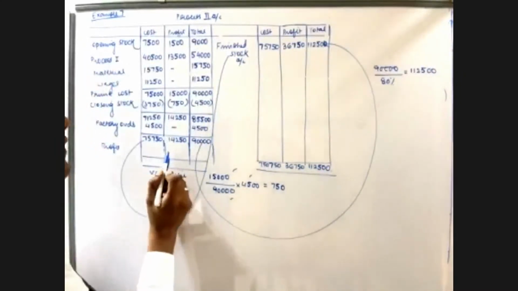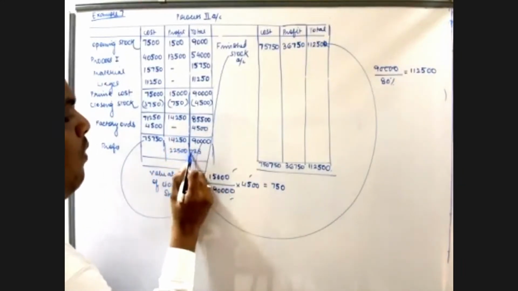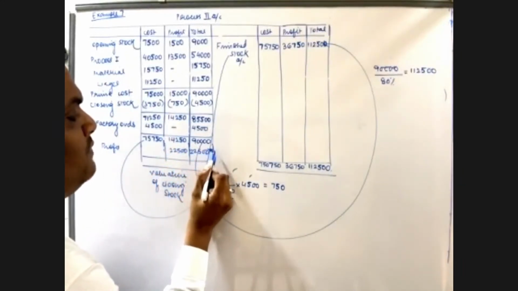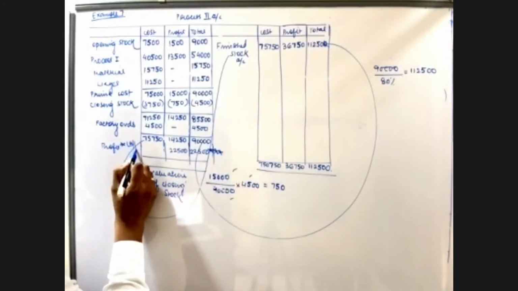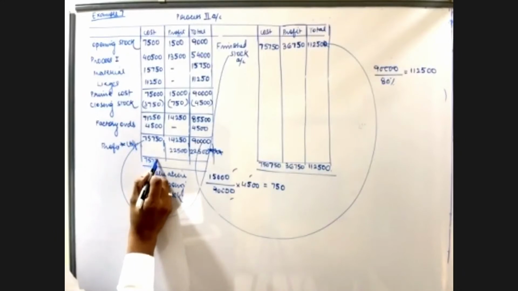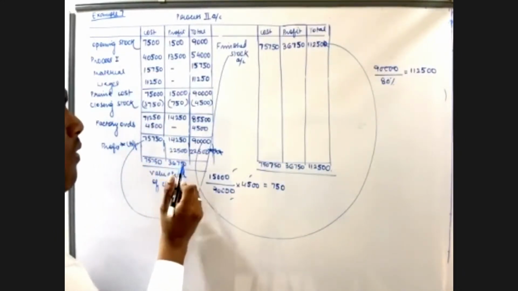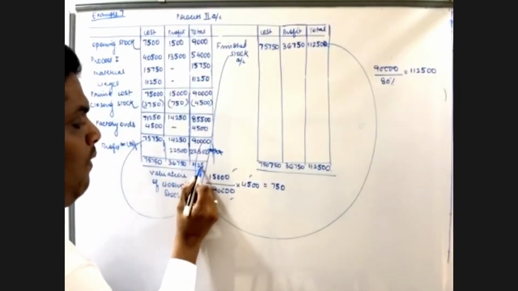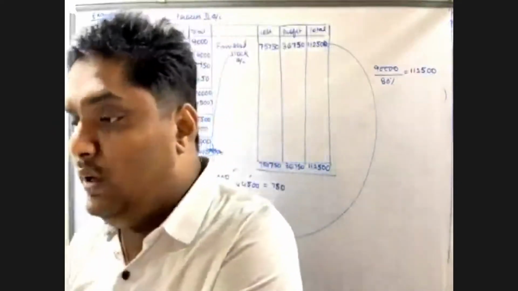This will be 22,500. This is my balancing figure. If you guys have any doubts in this calculation, you guys can please post your queries.